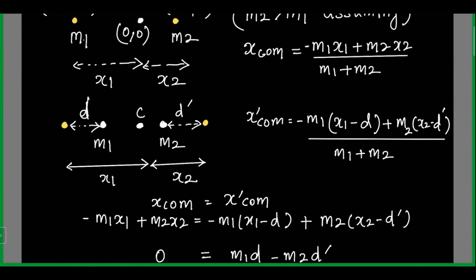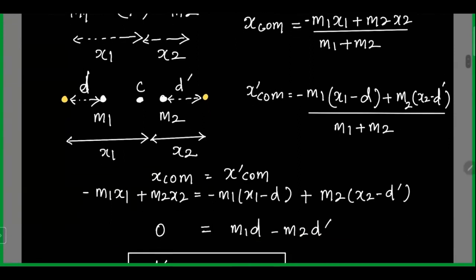Okay, so simply let's do it. What is the new position of m1? The total distance is x1 and you have moved d, so your new position is x1 minus d. So I will write m1 into x1 minus d, with a negative sign because it is on the left side of the origin.